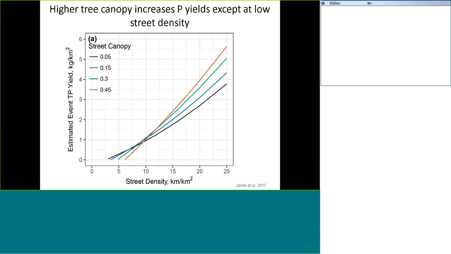And this is true at all of the street densities higher than 10 kilometers per square kilometer. So what this tells us is that the increase in concentration of stormwater phosphorus caused by having higher tree canopy more than offsets the runoff volume reduction, except at very low street densities.